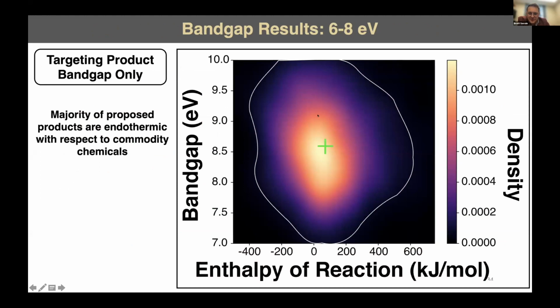This is the distribution, so it gets things as low as 7 or so. But if you look at the distribution of heats of reaction with respect to that bag of reactants, the heats of reaction can be very large. You're talking about things that are up to 400 kilojoules per mole endothermic. So this constraint is actually suffering. It's not actually enforcing the constraint that it was really set out to apply.